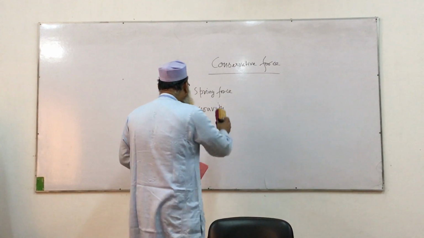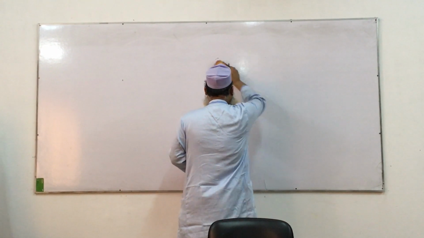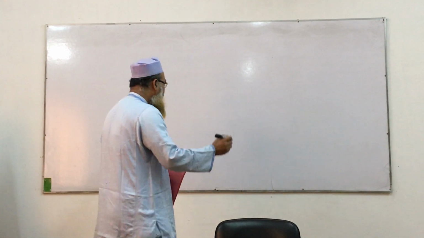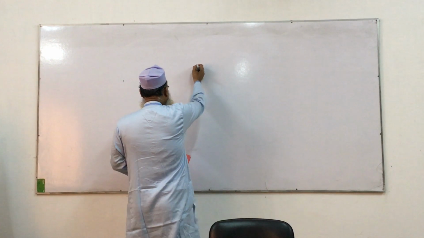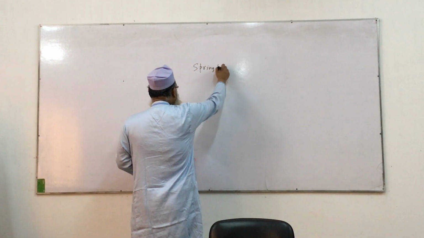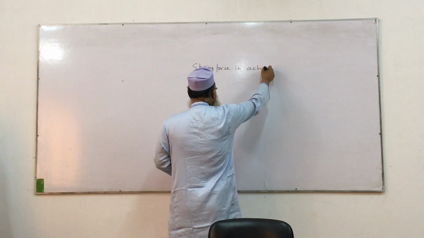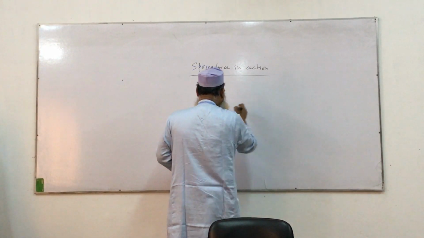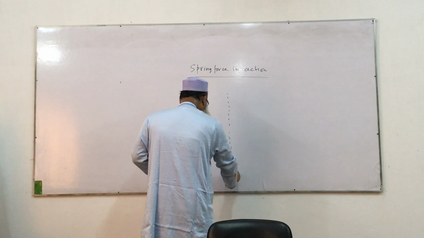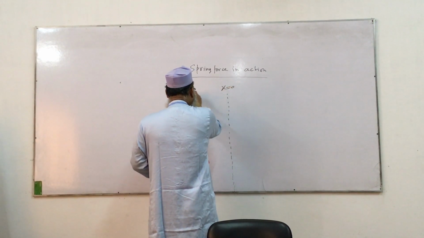I begin by drawing details of a picture for the conservative force case, the spring force in action. Say I draw this line, and this line is situated at x equal to 0.